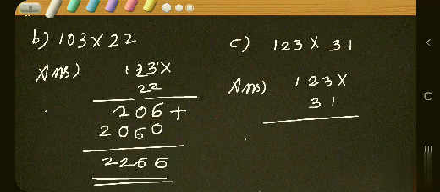Now, how can we multiply? First, we have to multiply 123 by this 1, isn't it?